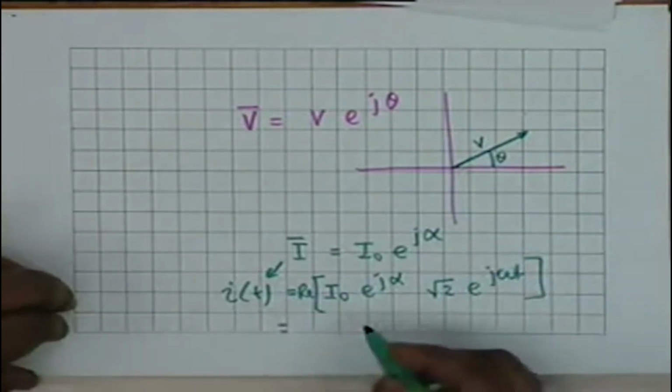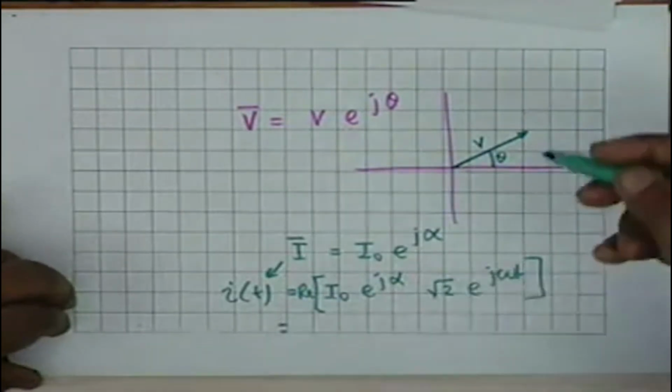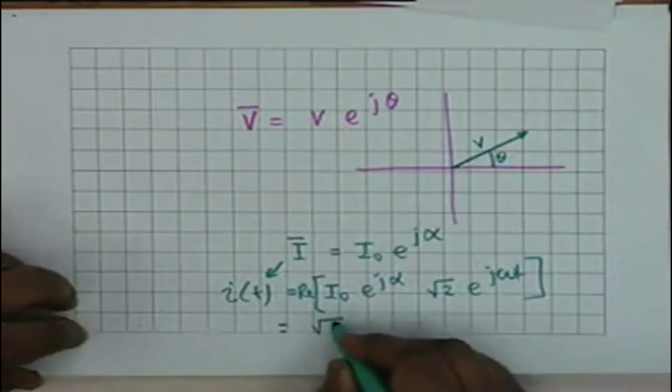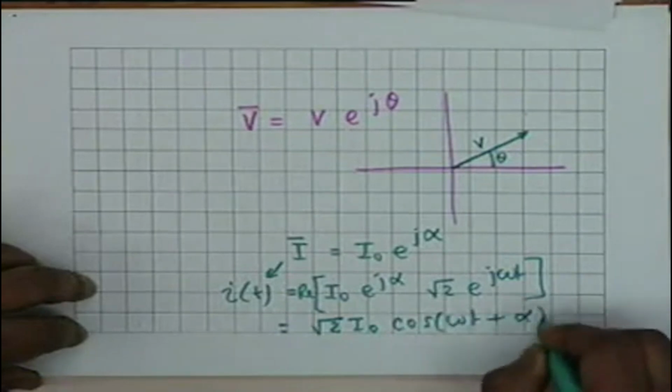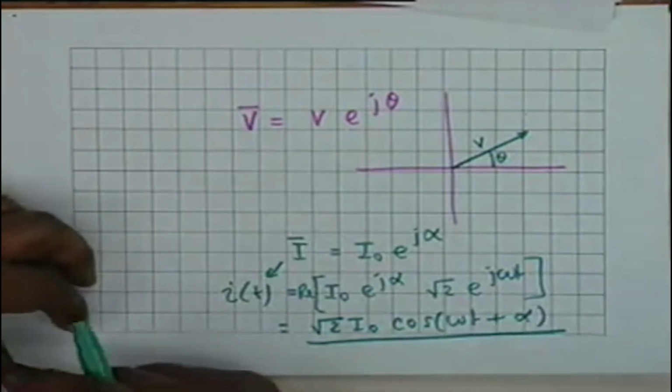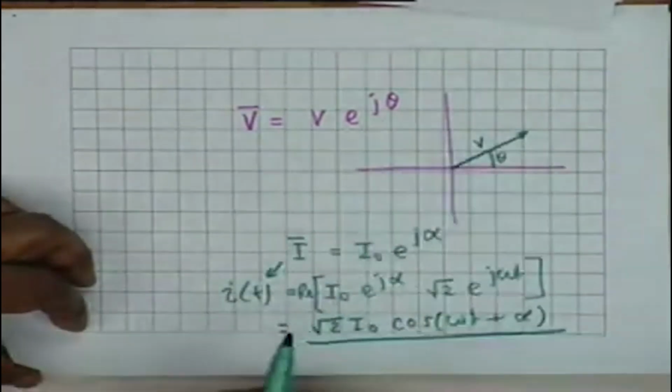That's how we bring back the real quantity. It will be root 2 I0 cosine(omega t plus alpha). This would be the actual quantity that you will measure if you put an oscilloscope there.